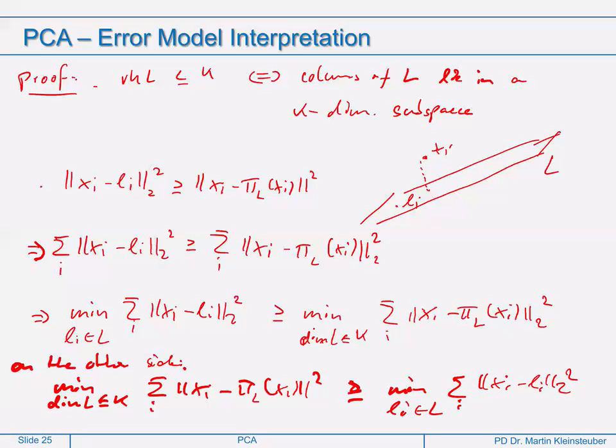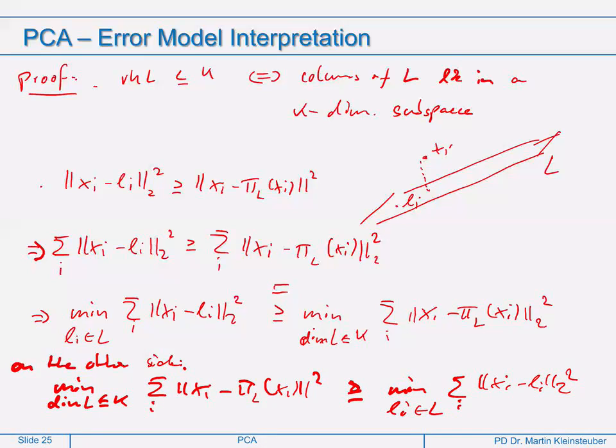And on the left-hand side, you have a particular realization of that. So of course, the right-hand side can only be smaller than the left-hand side, because you allow more potential solutions, right? So in fact, what you have here is actually an equality sign.